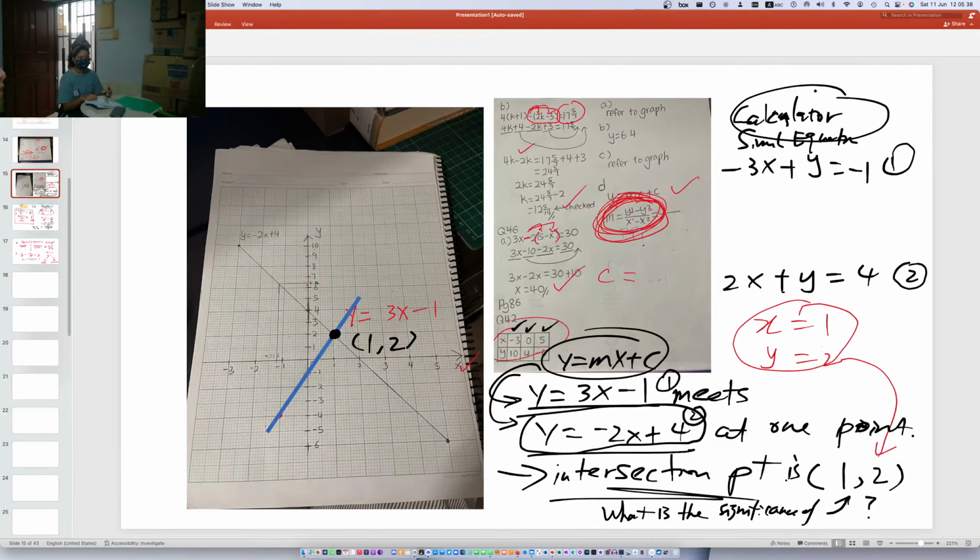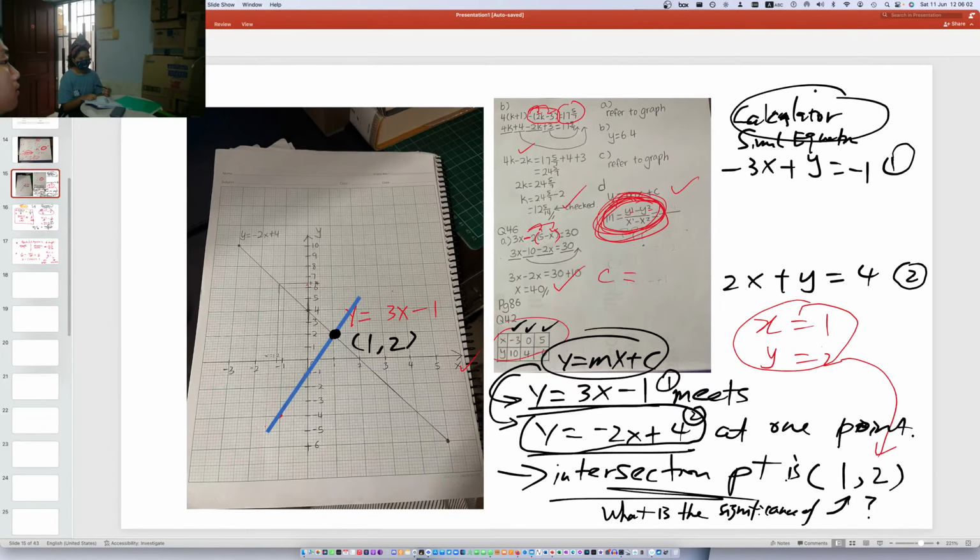Yes. What's the significance of this intersection point? To find x and y. No. The intersection point in the graph, right?